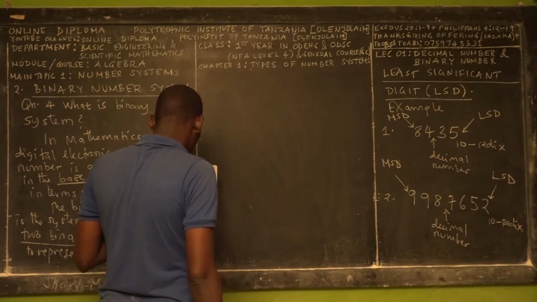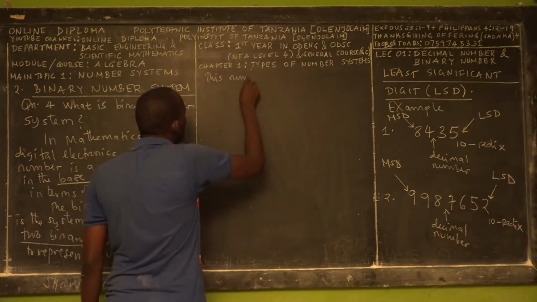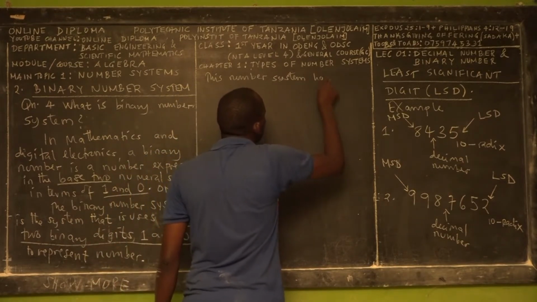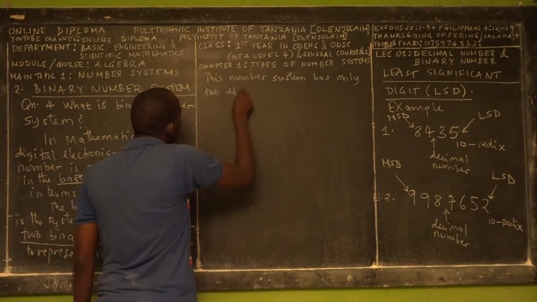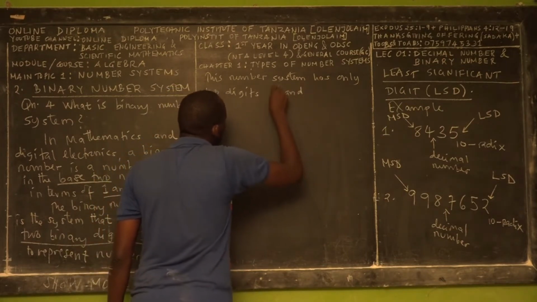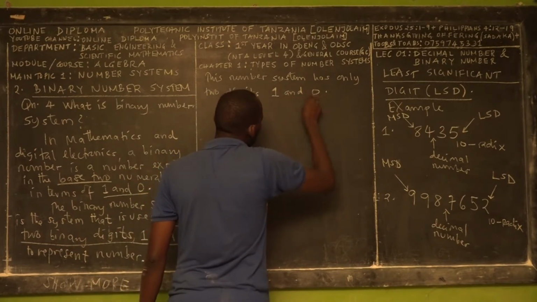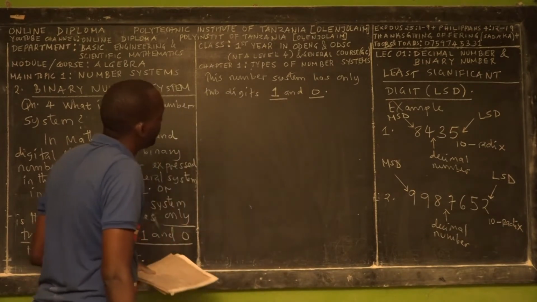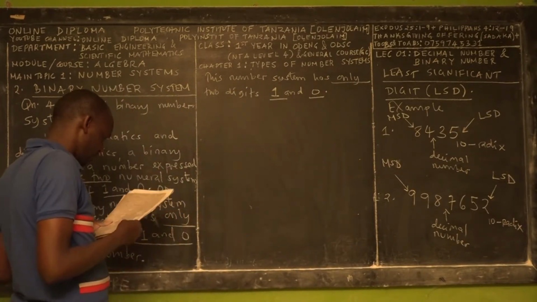By definition, this number system has only two digits, 1 and 0.